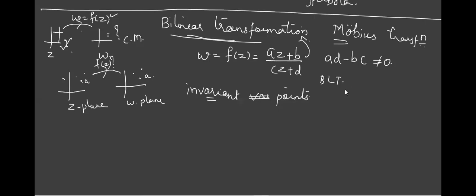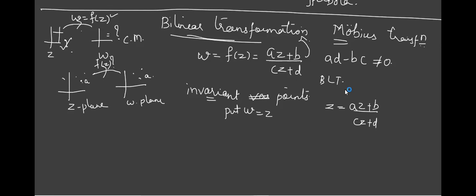Now, if you want to find an invariant point, you will have this bilinear transformation. You should just put W equal to Z. Suppose in place of W, I put Z, isn't it? It's going to be an expression in terms of Z. So I'll get Z equal to (AZ plus B) upon (CZ plus D). This is some equation.